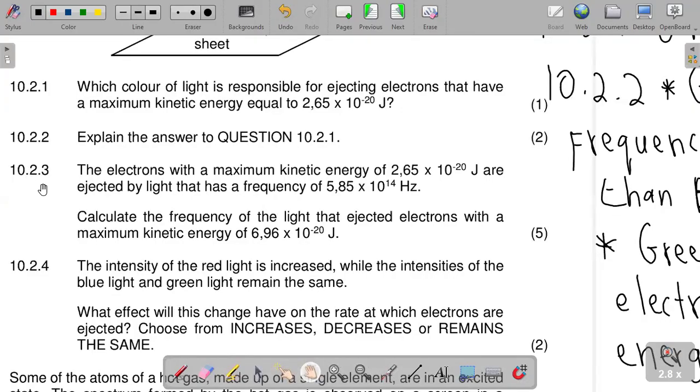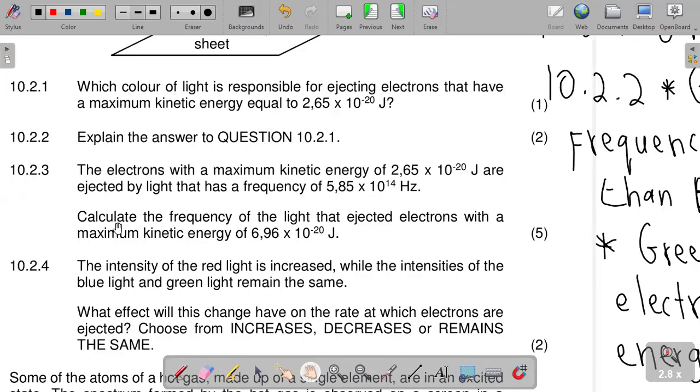Now, 10.2.3, say the electrons with a maximum kinetic energy of 2.65 are ejected by light. Okay, so they gave us the kinetic energy and the frequency.